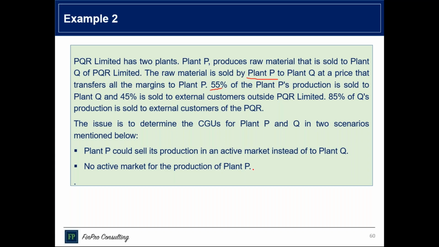It is dependent on the other unit of the company. So in the second scenario, plant P and plant Q both would be considered as one CGU together. But if plant P has an active market outside plant Q, then both plants will be considered as two separate CGUs.